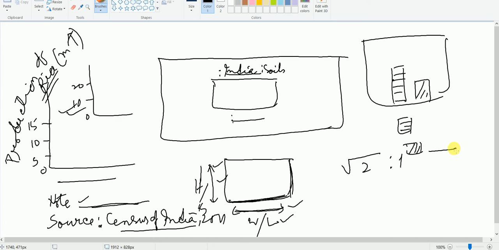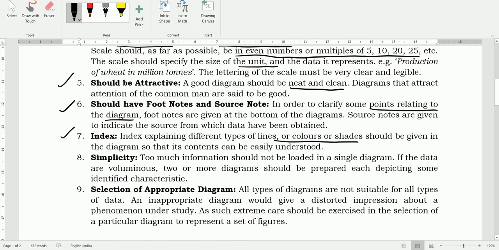So you have to write it here. It may say, for example, male, and this may be female, like this. You have to give a proper index, and for every pattern or every color or set, you have to give its meaning so that everybody can understand it very easily.